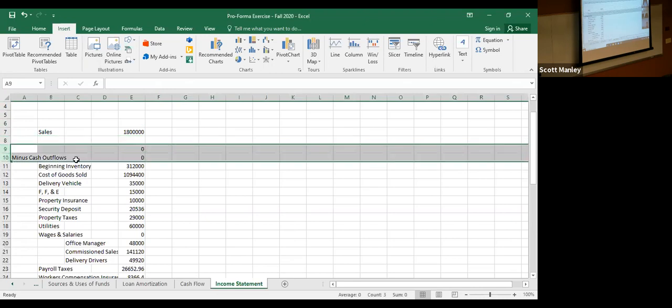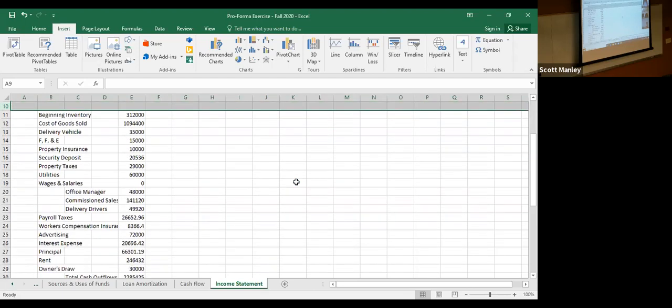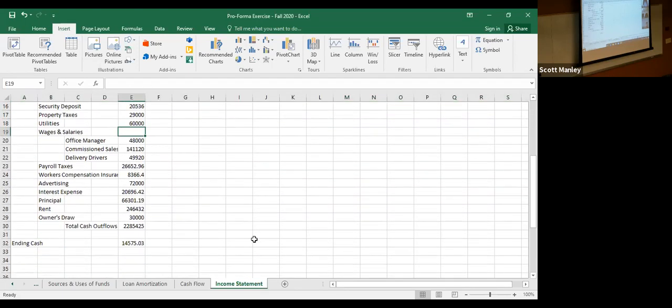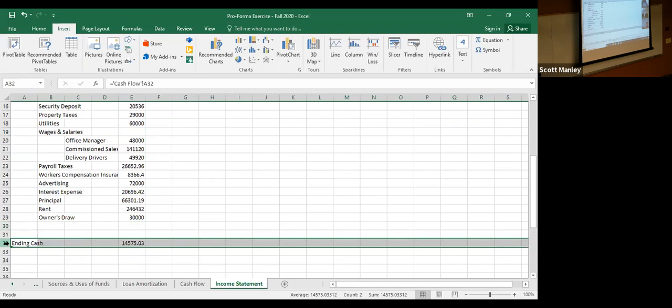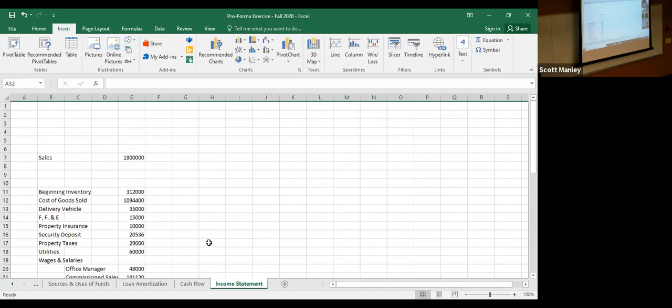Minus cash outflows, that contains the word cash, right? Can you imagine what happens to it? It disappears. Total cash outflows, what happens? Disappears. Ending cash, what happens? It disappears. So all I'm left with now is some of the stuff that's relevant for my income statement.